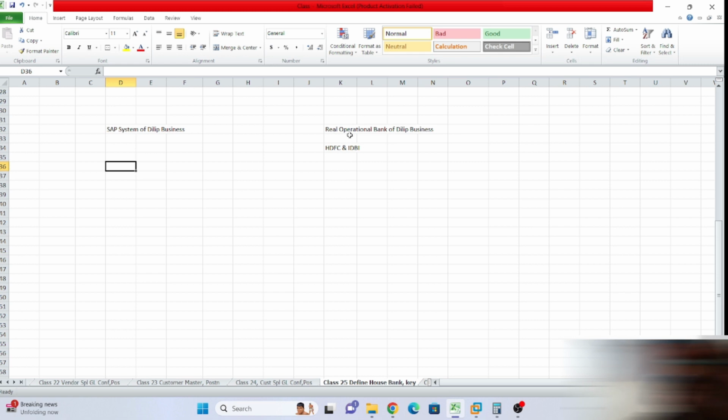After that, the payment is made or receipts collected from the real operational bank. So the business people need to open SDFC and IDBI in the SAP system to record the data, through house bank. Yes, house bank will be created in the SAP system.